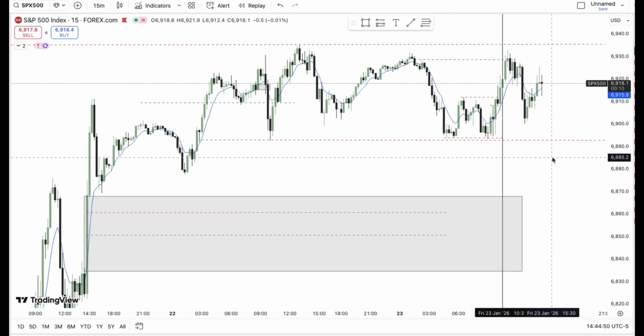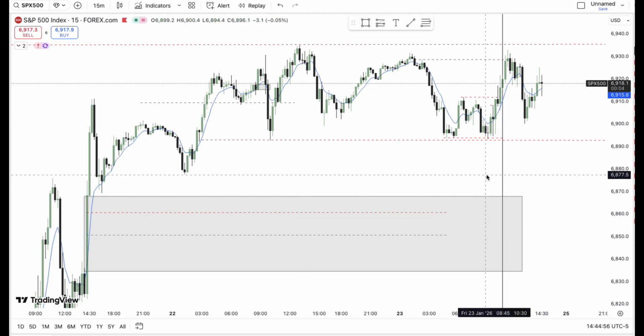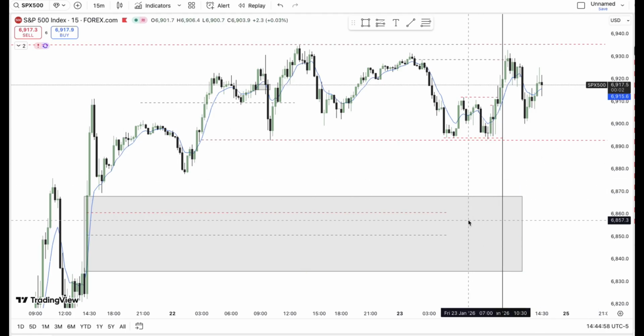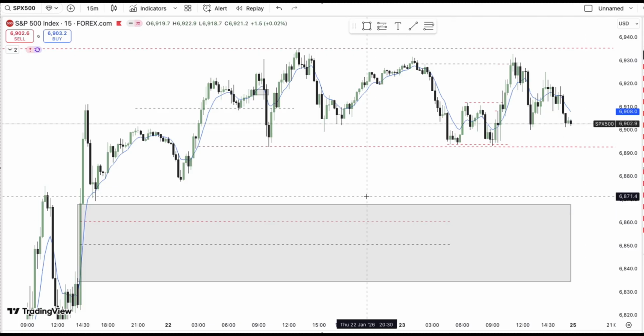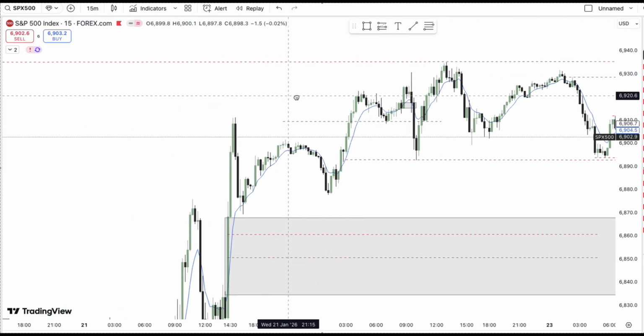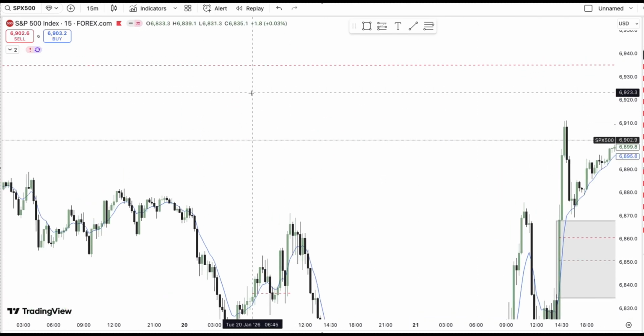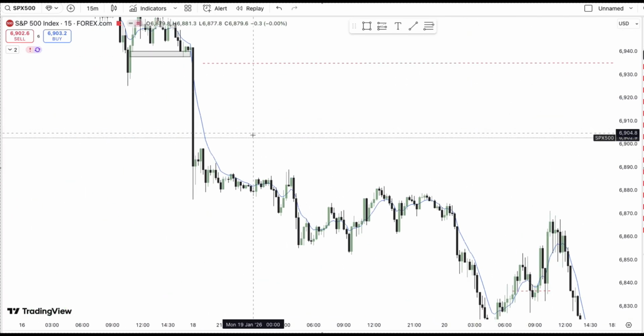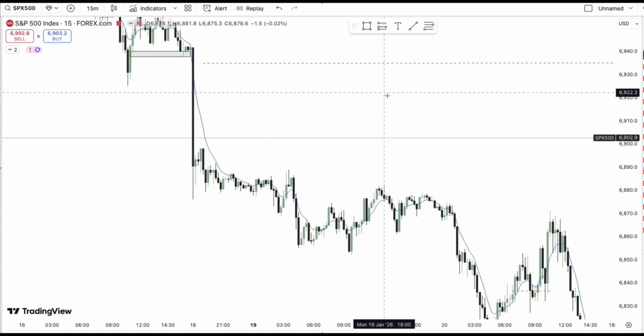All right, so we're back when we get another opportunity. Okay, so the market closed within this channel, within this fair value gap zone, here to here.